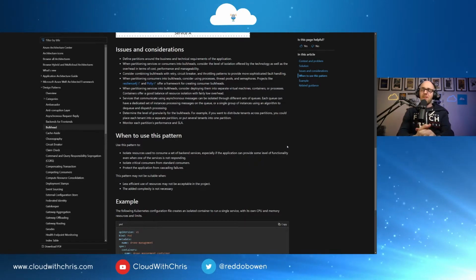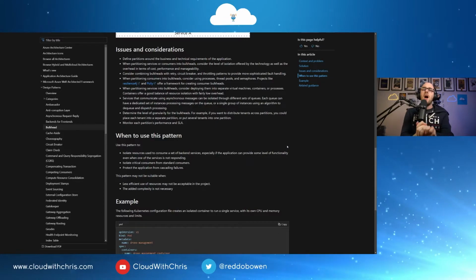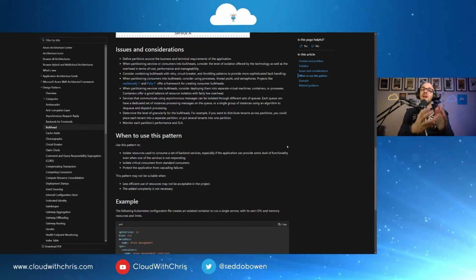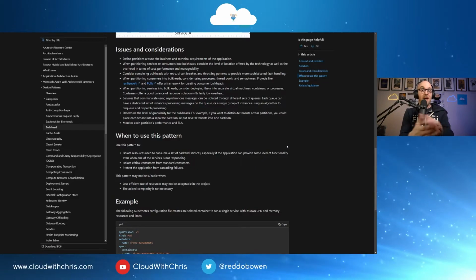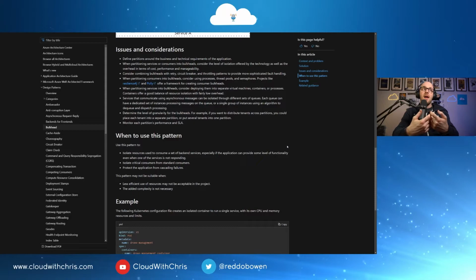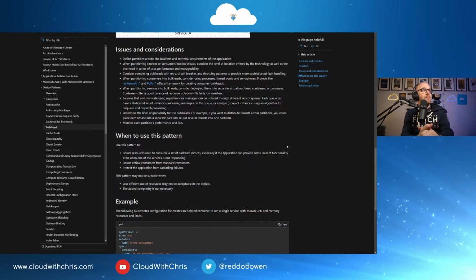Similarly, if you think about the container space and with Kubernetes, you can use things like resource quotas, requests, limits. Are you using those types of things to ensure you've got that segregation and that quality of service between those different tenants and between those different containers there? So that's again something as a consideration from an underlying platform perspective.